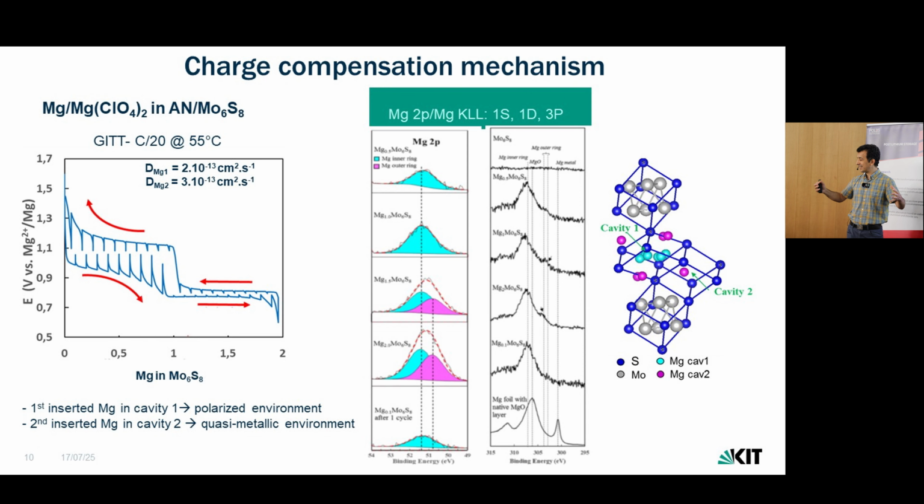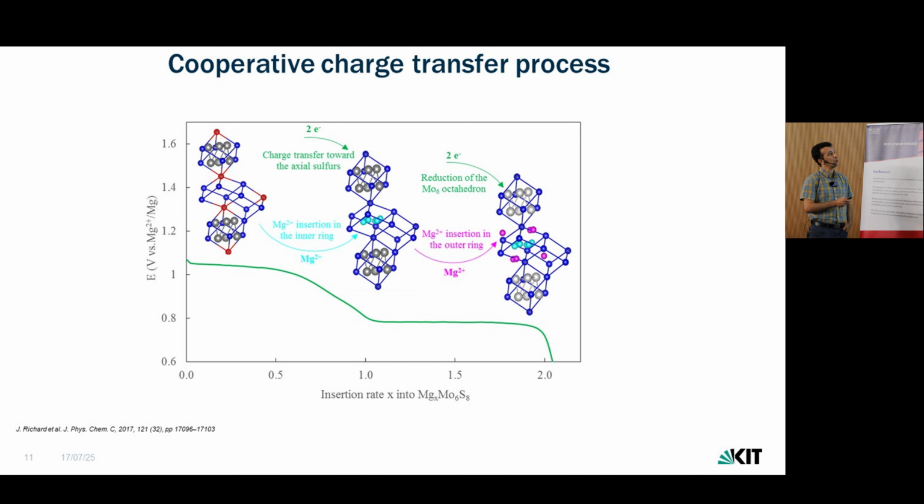When we insert, there is some rearrangement, and the structure can breathe, delocalizing the charge and sharing the charge between cation and anion in a very nice way. So then we can resolve this process in 2 steps: the first one with reorganization of the sulfur structure and the insertion of magnesium in the first cavity, and so on.